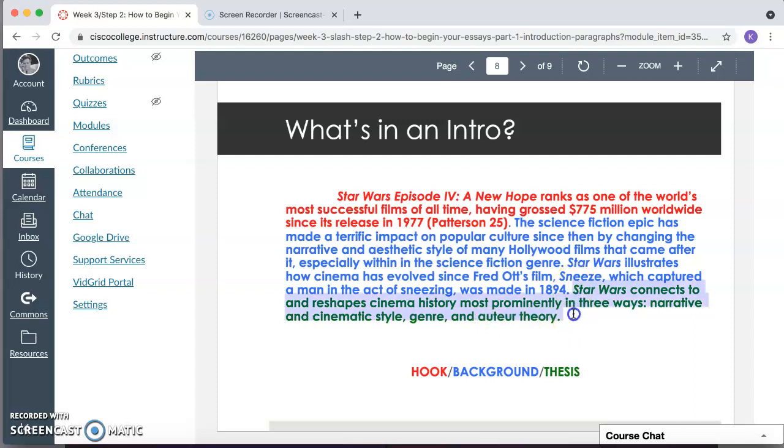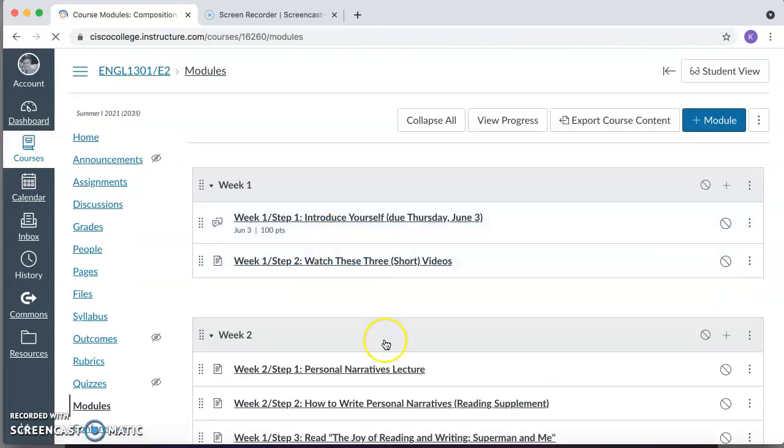But all this sentence is, it's an arguable statement, meaning that someone could argue something else about Star Wars. They could say that it's important for other reasons. But it's the main idea of this essay broken down into a single sentence. So that's introductions.